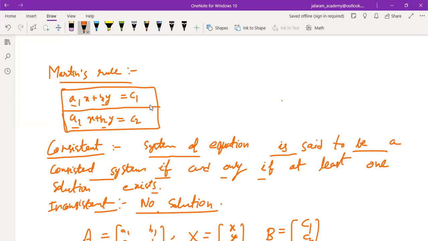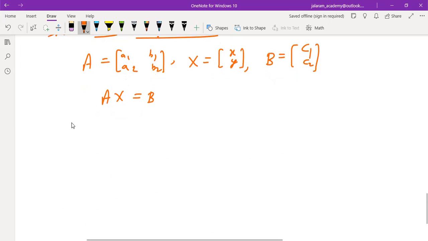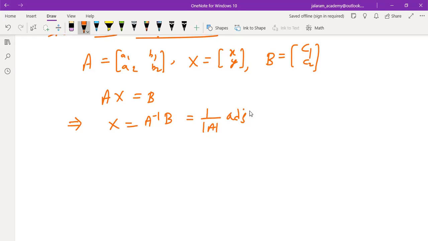You can watch the videos of the previous session to understand how to solve a system of linear equations using the matrix method. And we know that X equals A inverse B, that is, 1 upon determinant of A into adjoint of A into B.